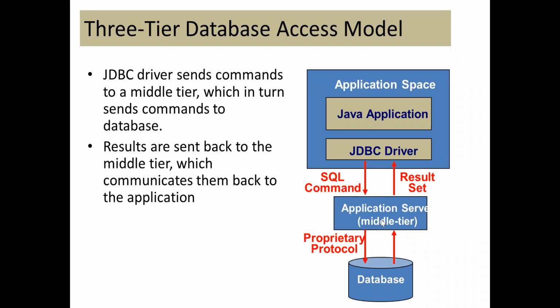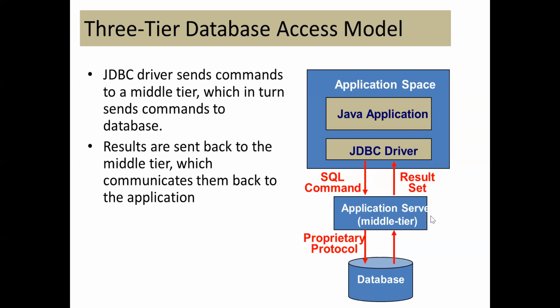Once the application server is implemented, it sends it through a proprietary protocol, which is the ownership of that patent of the application. They give permission to the database, and only then will the result set be sent back to the Java application. So that is the main difference.